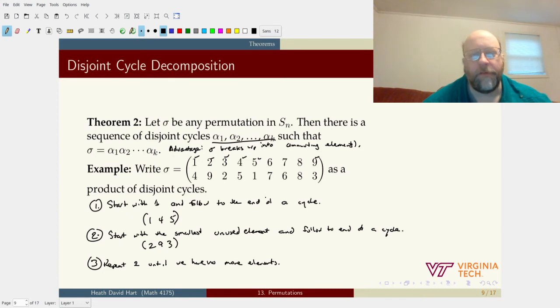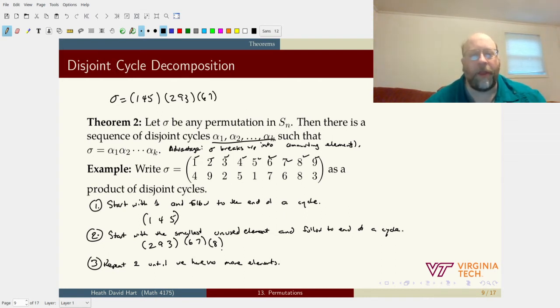So at this point, the smallest unused element is a 6, and 6 goes to 7, and then 7 goes back to 6. And then the smallest unused element is an 8, and 8 goes back to itself. And so if we string all of these together, we get that sigma is equal to (1 4 5)(2 9 3)(6 7), and again, an (8) is optional.